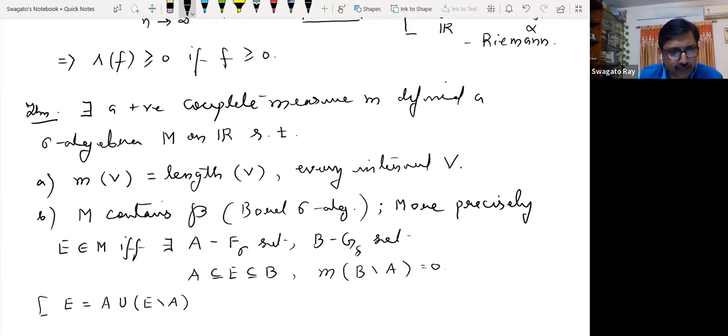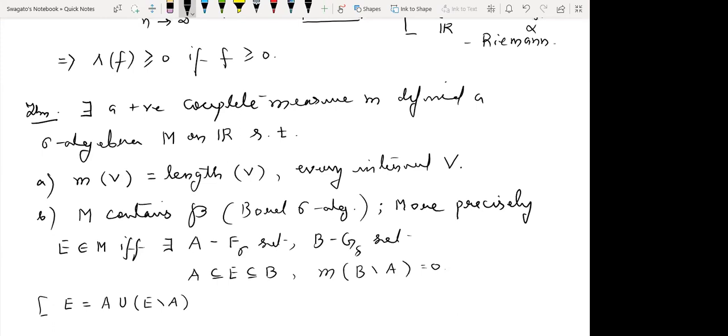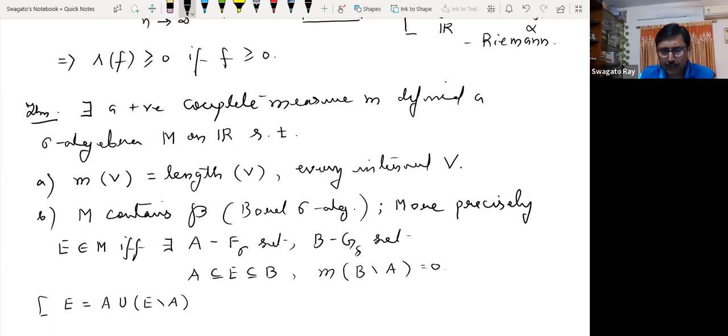That means it's a Borel set. And can you tell me what is the measure of E minus A? 0. Excellent. But why can I apply the measure on this set? Is this E minus A in the sigma algebra M? Of course it is.